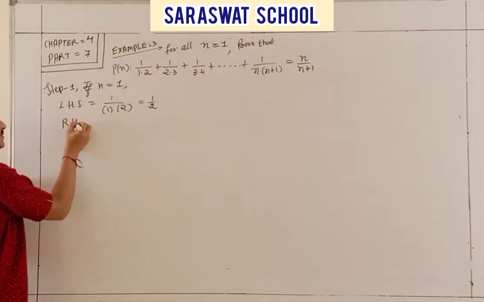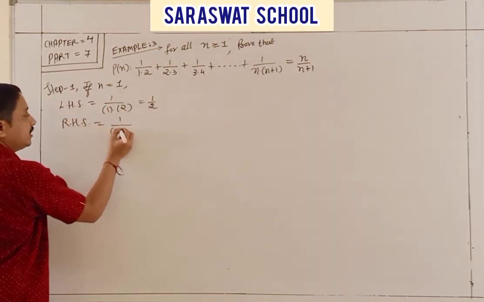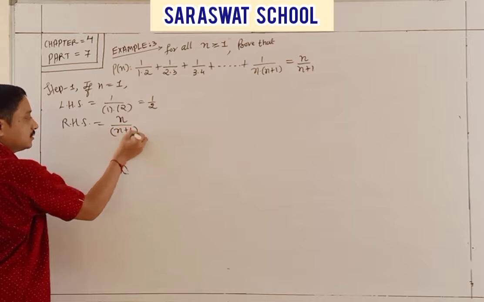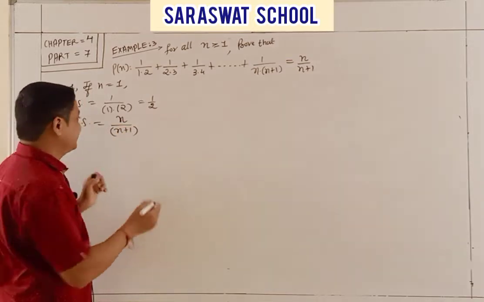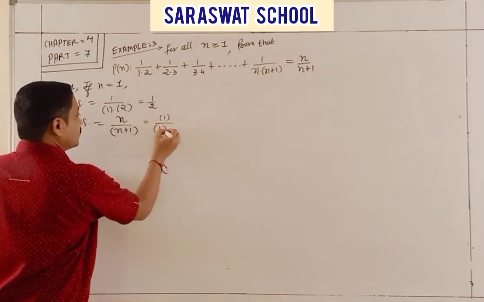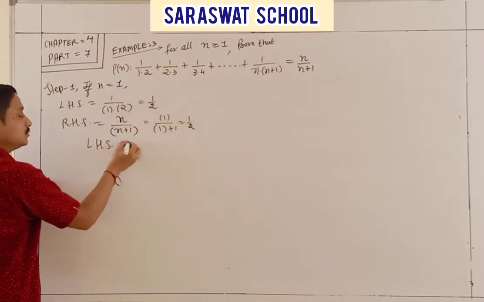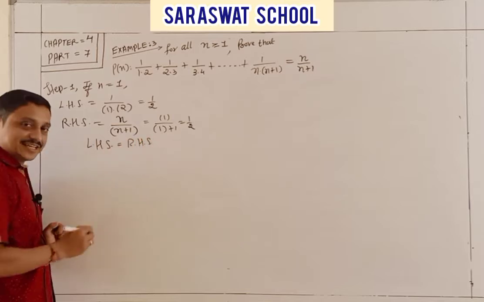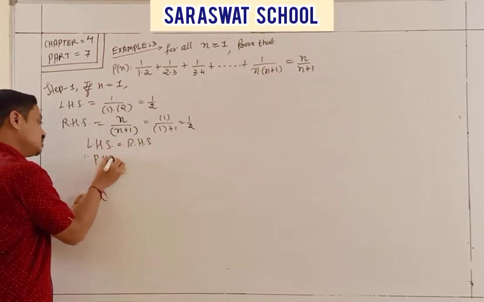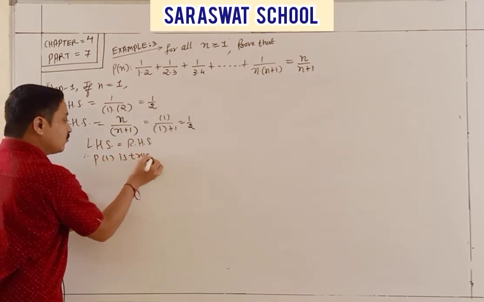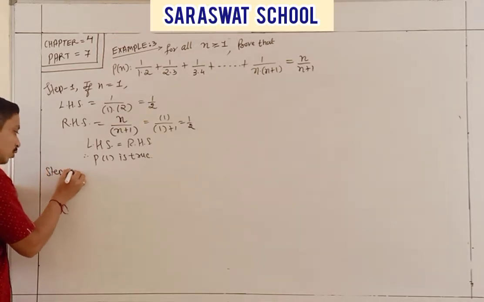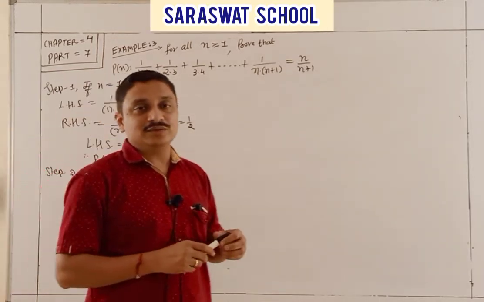And RHS, n upon n plus 1. Applying n equal to 1, you get equality. LHS is equal to RHS. So P1 is true. Step 1 is over.